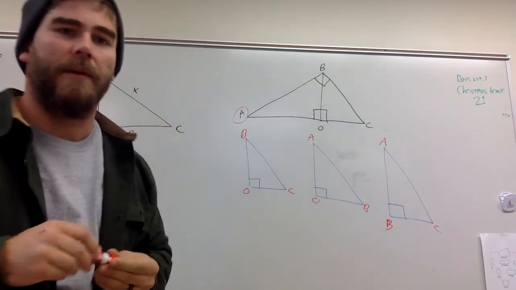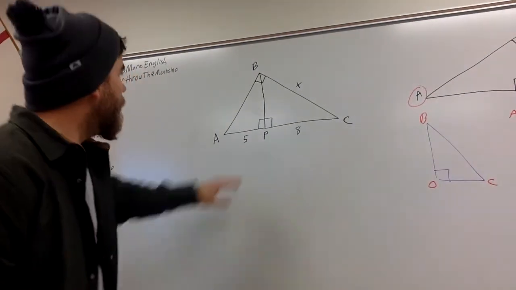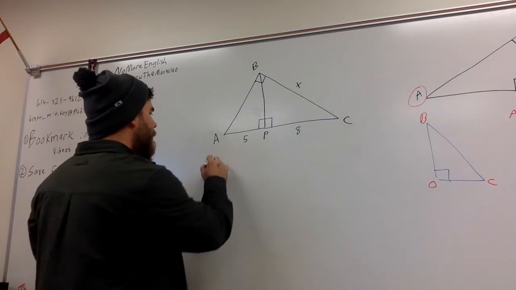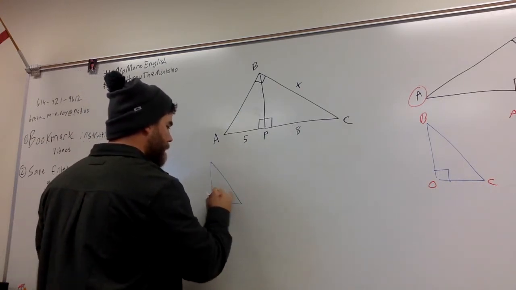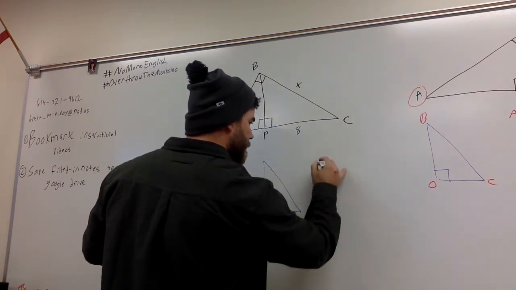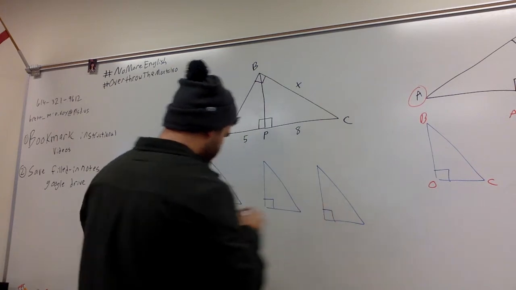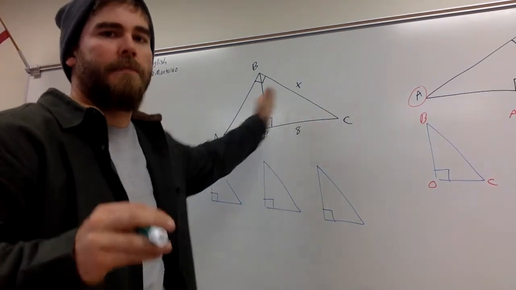Now I'm going to do this next problem and actually solve it. All right, now the small triangle is on the left. So first thing I have to do, regardless, is draw my three triangles. It's clear that this is smaller than that one.